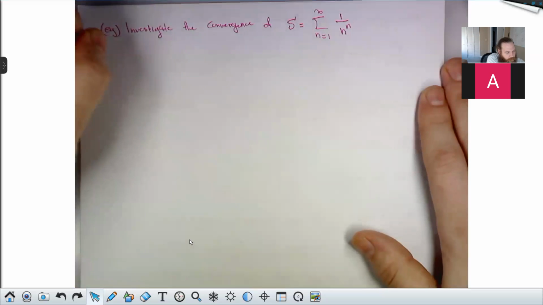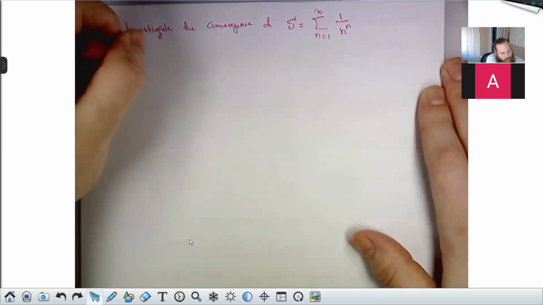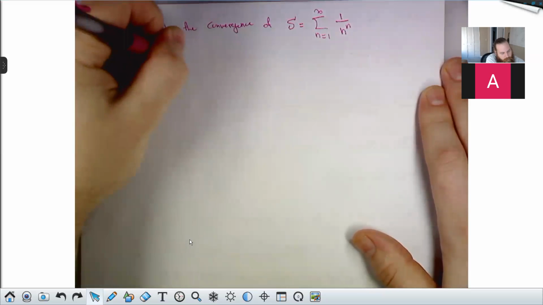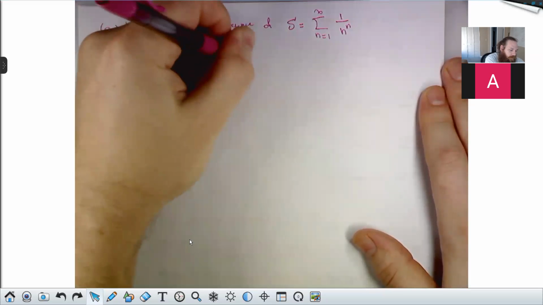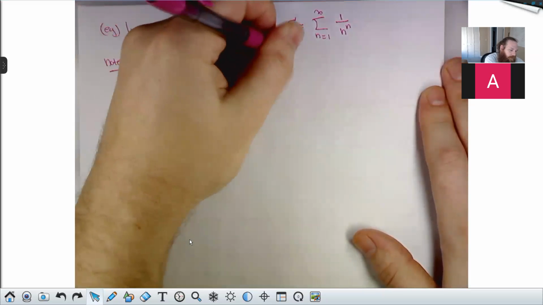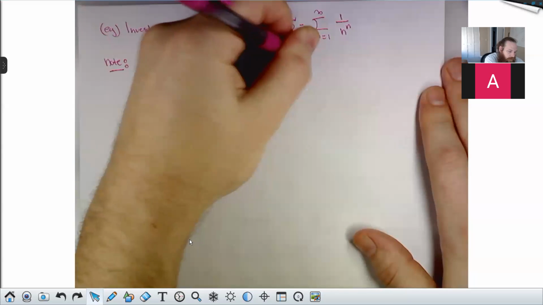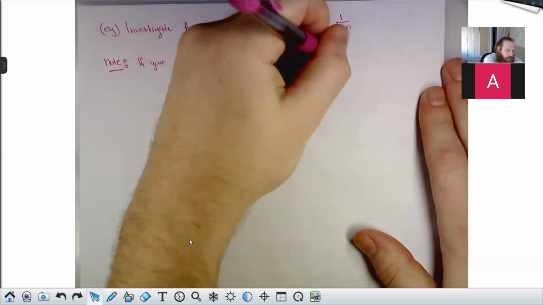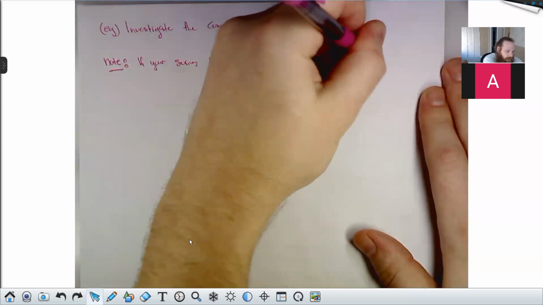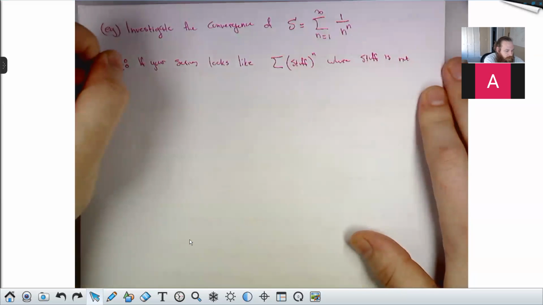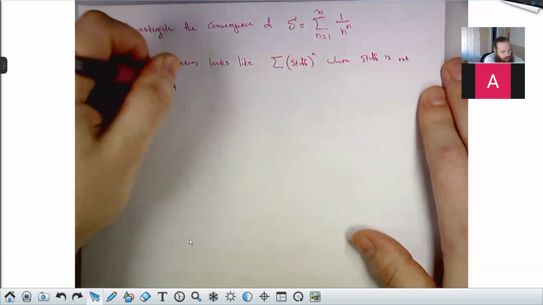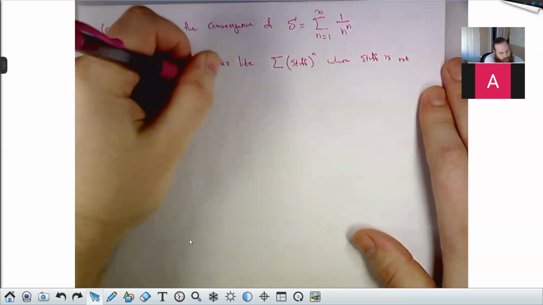So, kind of a similar note: if your series looks like sigma of stuff to the n, where the stuff is not constant, try the root test.